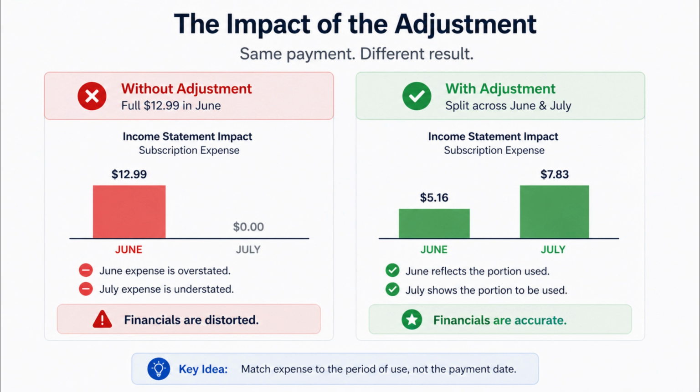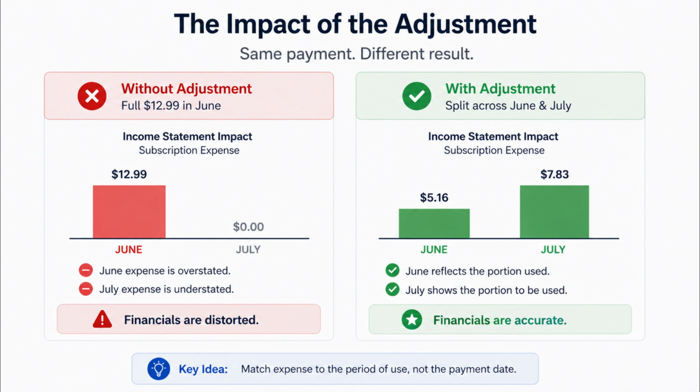Now, if you're really attentive, then what we need to do is make one correction. We said that when we make the payment, we debit the prepaid expense for $12.99 and we credit cash for $12.99. So if you skip this step, June is overstated and July is understated.